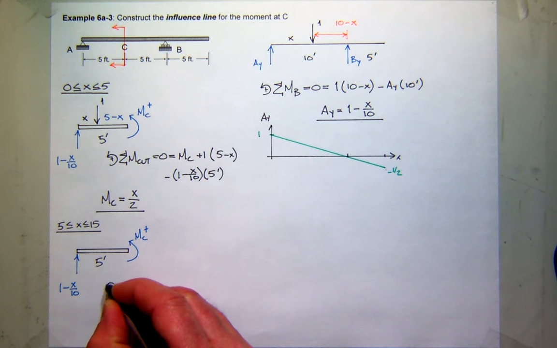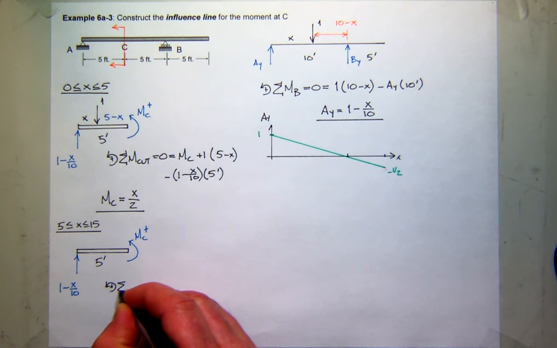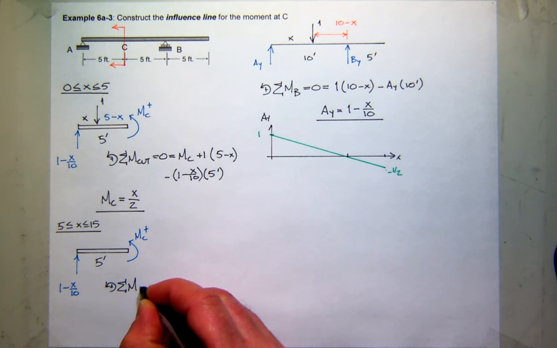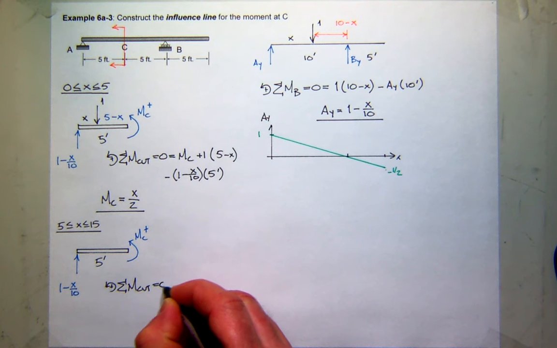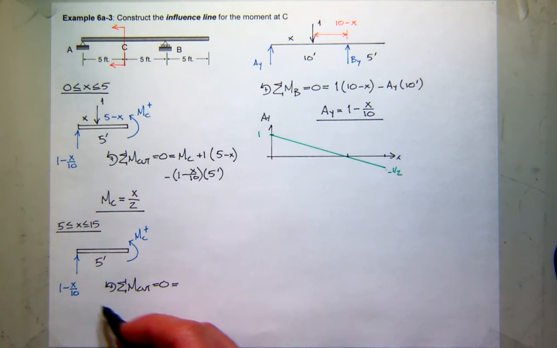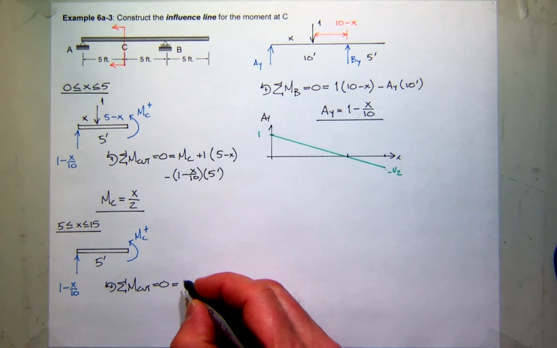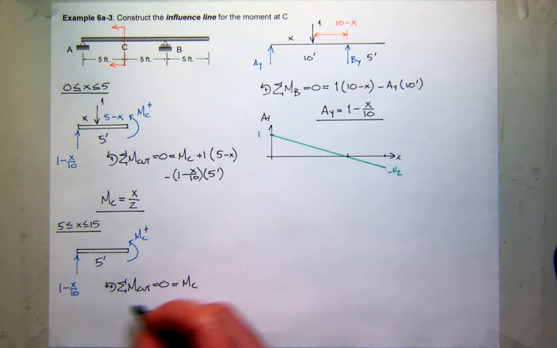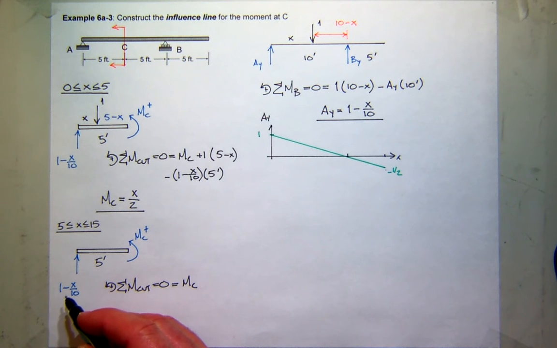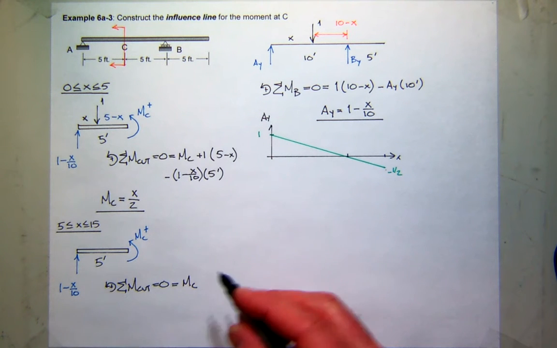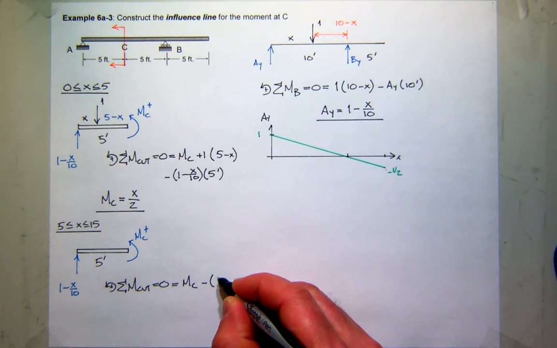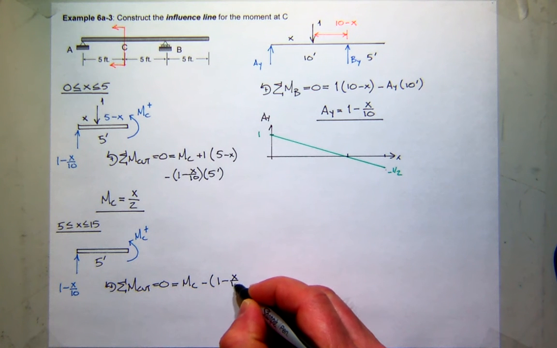So if I sum the moments now at the cut, what does the structure say? Well, that's positive moment at C. This reaction force creates negative moment, so that'd be minus (1 minus x over 10). That's the force.